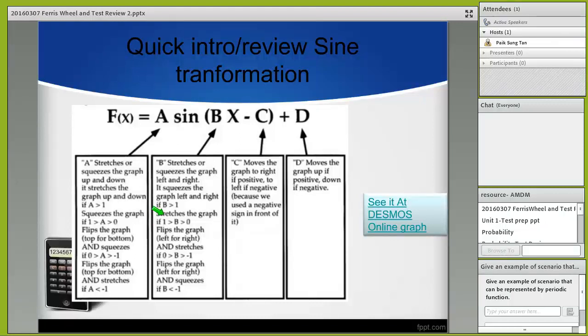If B is between 0 and -1, it flips the graph left for right. It's like a mirror, rotating around the y-axis, and squeezes it if B is less than -1. And C moves the graph left and right, D moves the graph up and down.